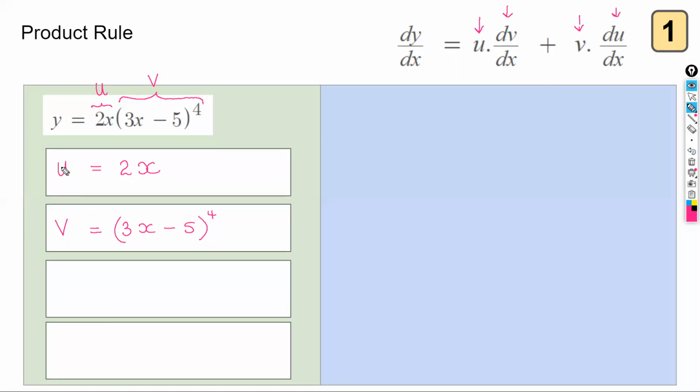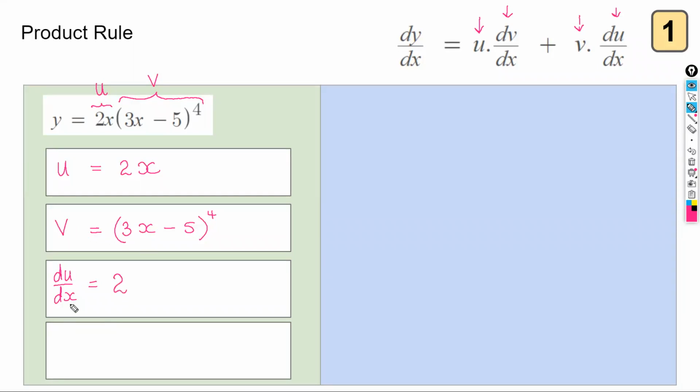If I differentiate u with respect to x, I will get du/dx. When I differentiate 2x, remember last week I showed you a shortcut. If something only has x, like just x to the power 1, not x squared, not x cubed, just regular boring x, when you differentiate this, you're just left with the number in front. So we will get 2.